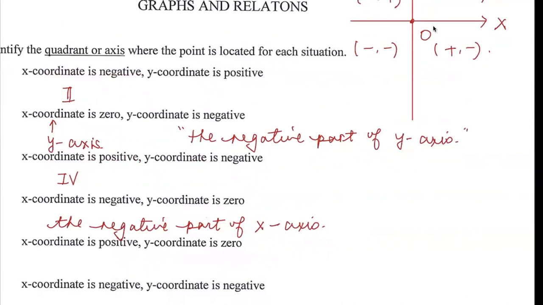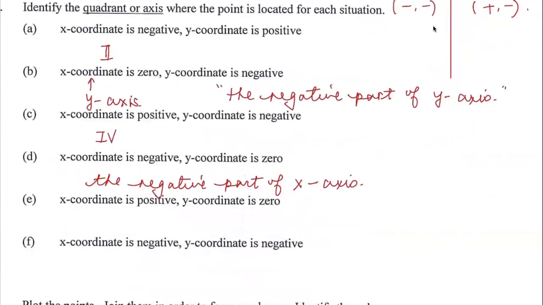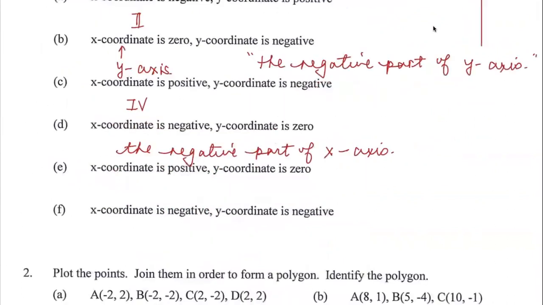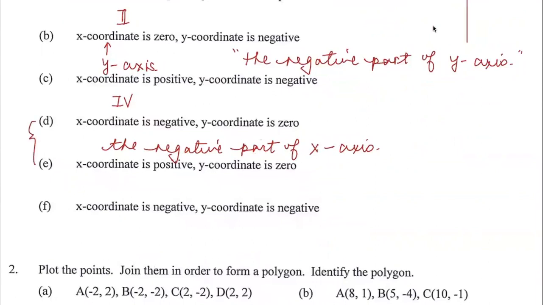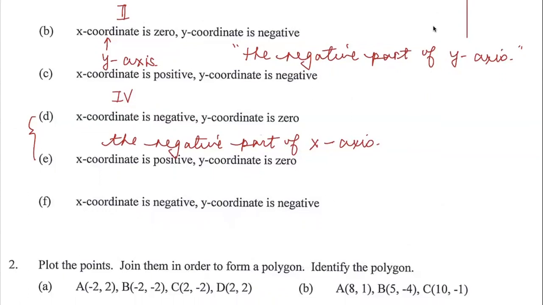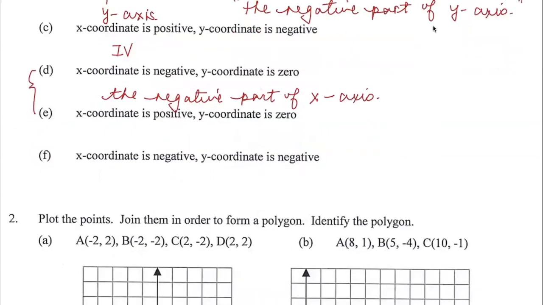But this time, instead of negative x coordinates, we're looking at positive x coordinates. So these two questions are similar, right? The answer to part E is the positive part of x-axis.